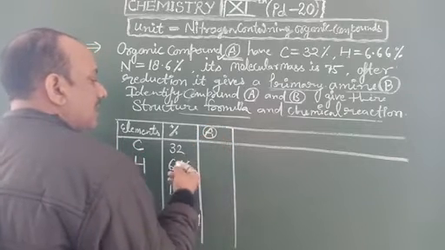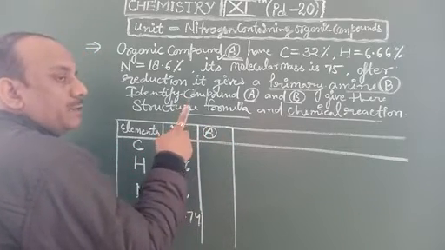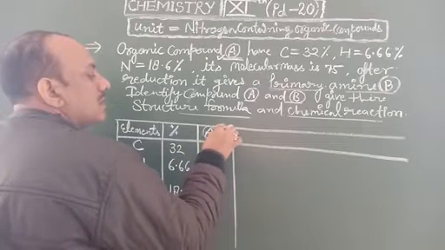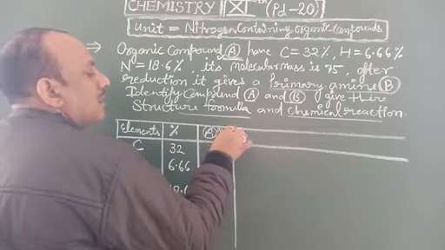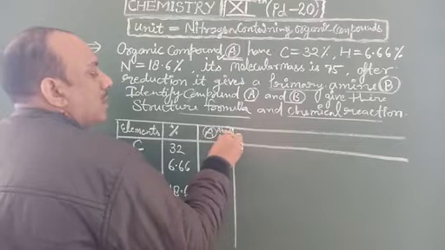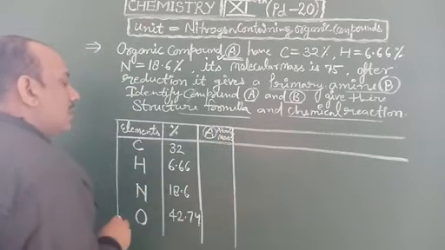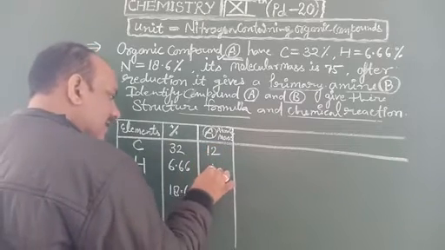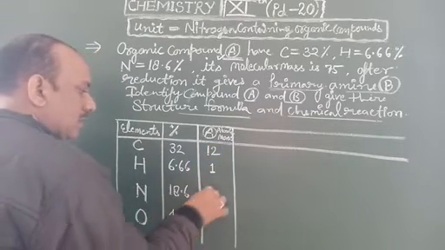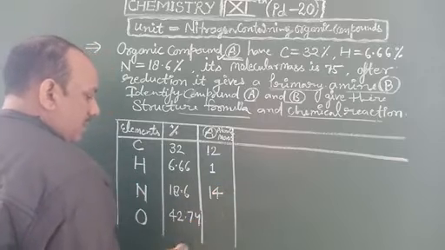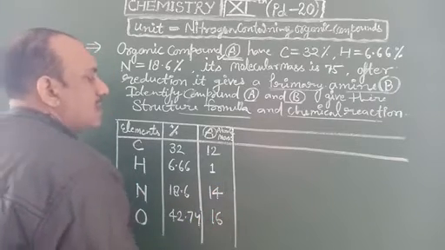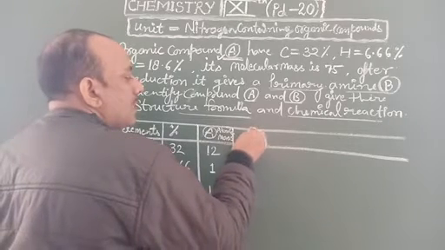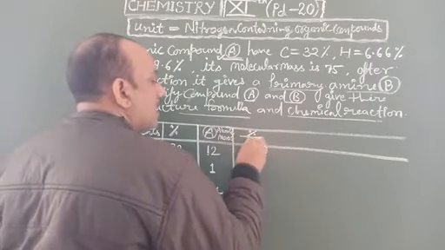Atomic weight of carbon, it is not compound A. You know that here A is the symbol for atomic mass. Atomic mass for elements: carbon 12, hydrogen 1, nitrogen 14, oxygen 16. Then percentage upon atomic weight.